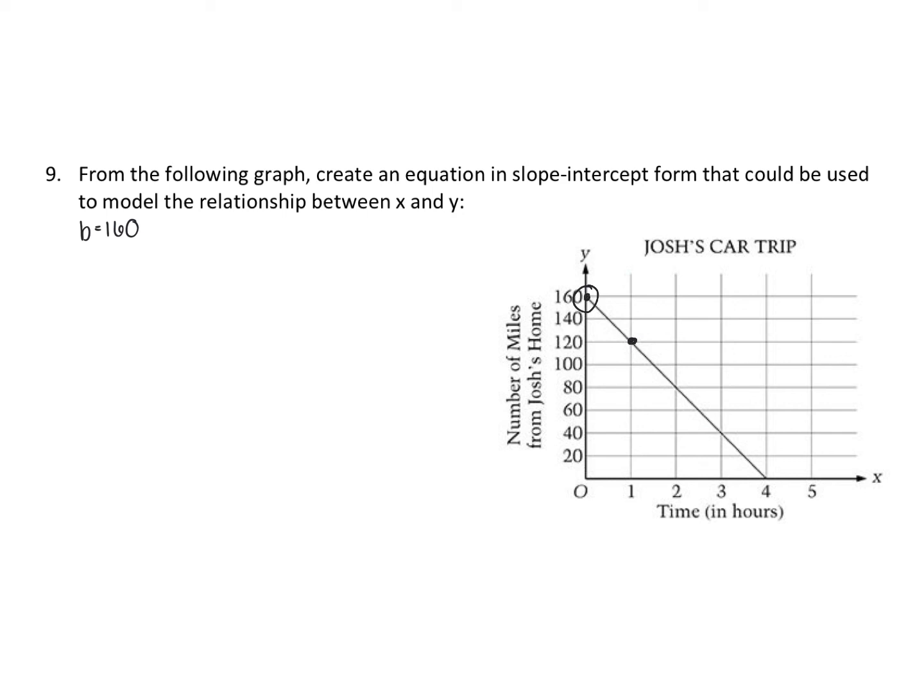To get from our y-intercept to this point on the right of our line, we have to go down 40. So we're going down 40 and over 1. That means our rise is negative 40 over our run of 1, which means our slope is negative 40. So our equation would then be y equals negative 40 times x plus 160.